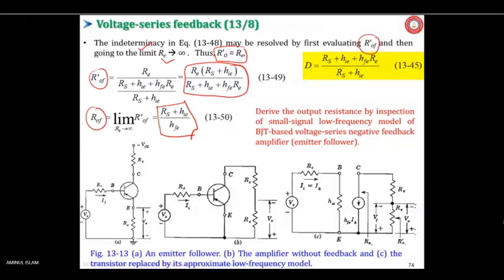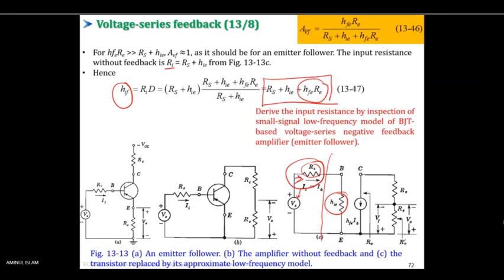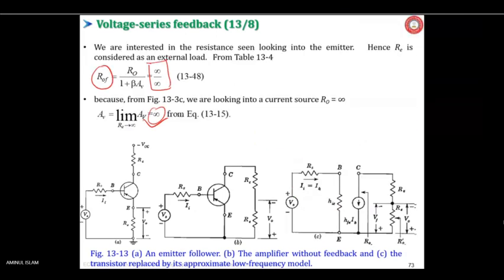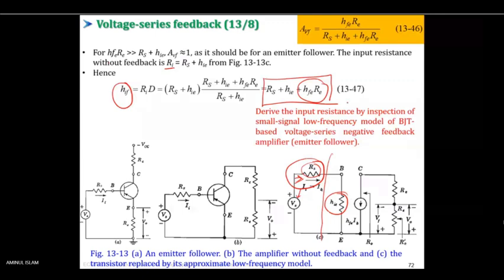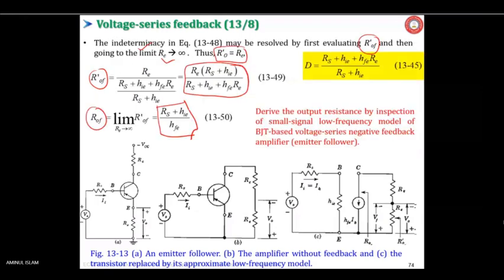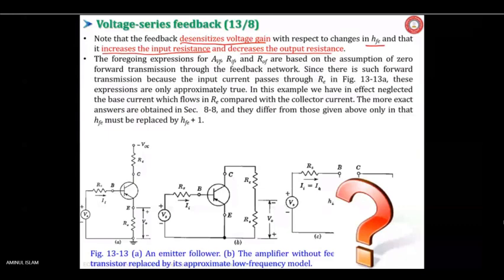Look at the input resistance expression: this is the basic input resistance without feedback, and this has been added, so it is increasing. Similarly, output resistance is decreasing. Remember this, it may be a very small question for exams.